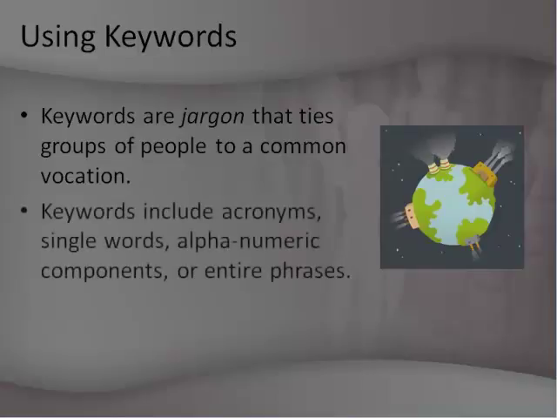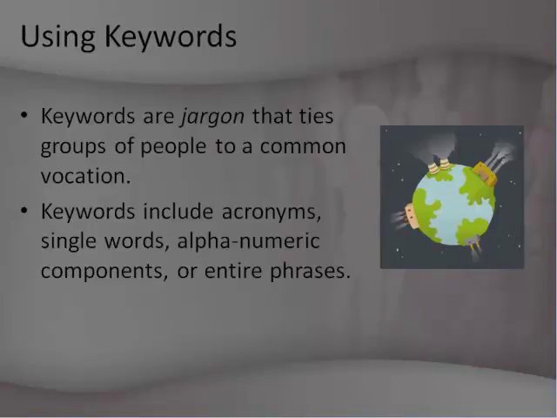Keywords can be acronyms. They can be single words, alphanumeric components, or entire phrases. In the example I used with Microsoft Excel, people that worked with Microsoft Excel spreadsheets are identified by keywords like Microsoft Excel, MS Excel, spreadsheets, Excel, Visual Basic, VBA, Excel macros.